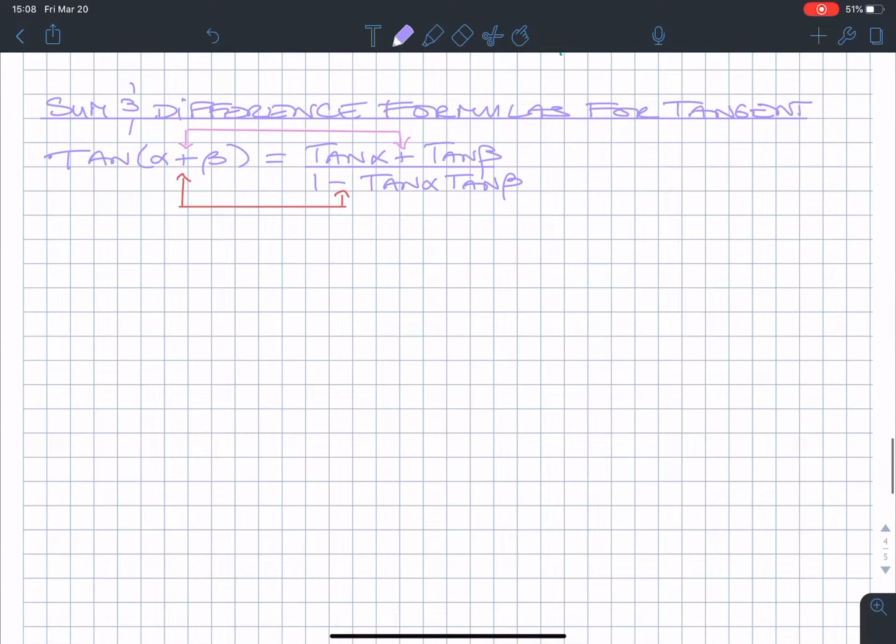So tangent of a difference, tangent of alpha minus beta, corresponds in sign in the numerator. That is tangent of alpha minus tangent of beta, and opposes the sign in the denominator. So this is 1 plus the product tangent alpha, tangent beta.